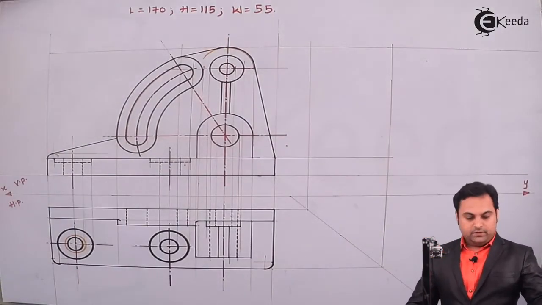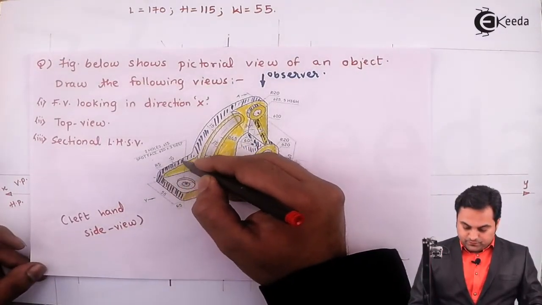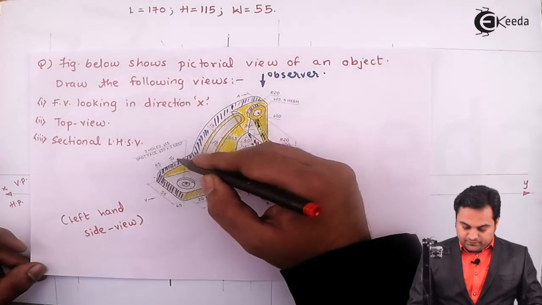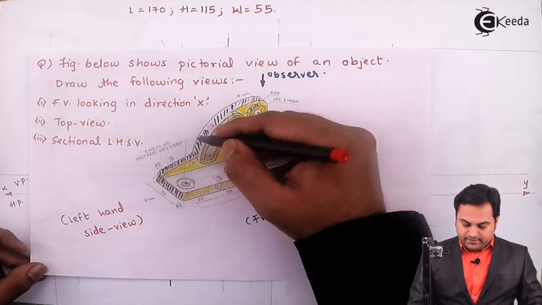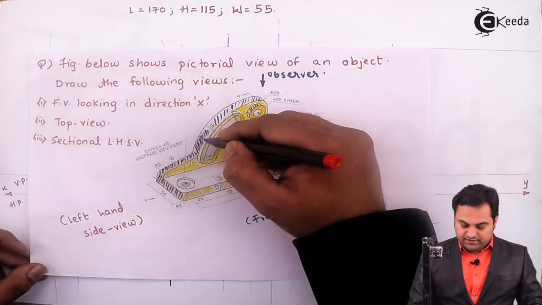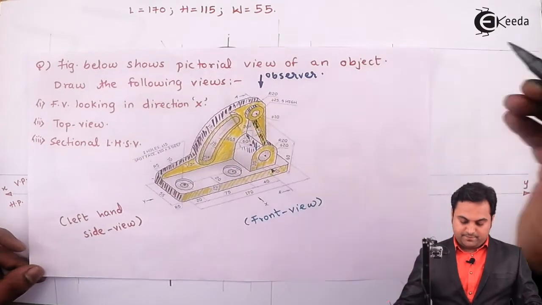Next, looking from side, even this surface is visible. So at first the width is 10 mm, and then the width will go on increasing and it will become 15 mm, then again 10 mm.